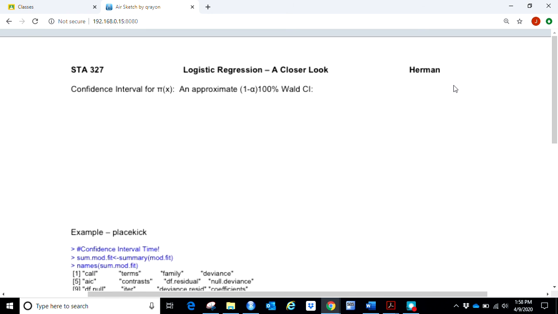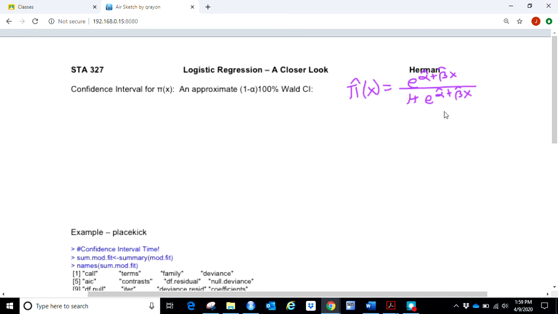Already we have found that if I wanted to find pi hat of X, I took e to the alpha hat plus beta hat times X over 1 plus e raised to it. And one of the reasons why I like this is it forces numbers to be between 0 and 1. So I feel like I should be using something of this form when I'm doing my confidence interval as well.